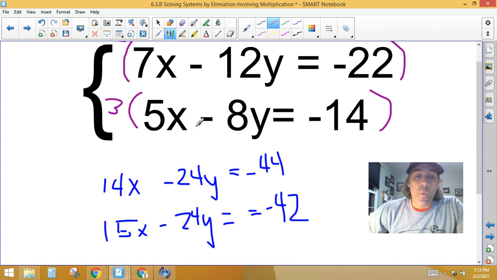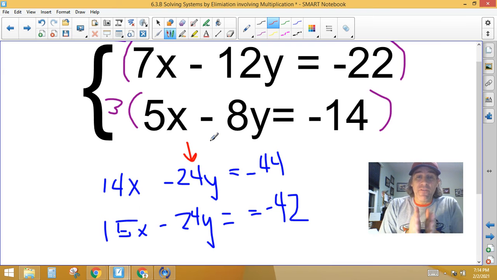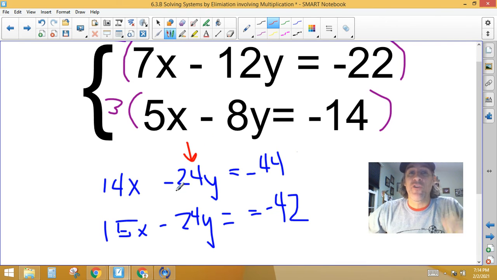Now, if I look, my y values are identical. If they are identical, the way to cancel things out is we need to subtract them. Don't worry about their negatives. In order to cancel two things that are the same, we need to subtract them.